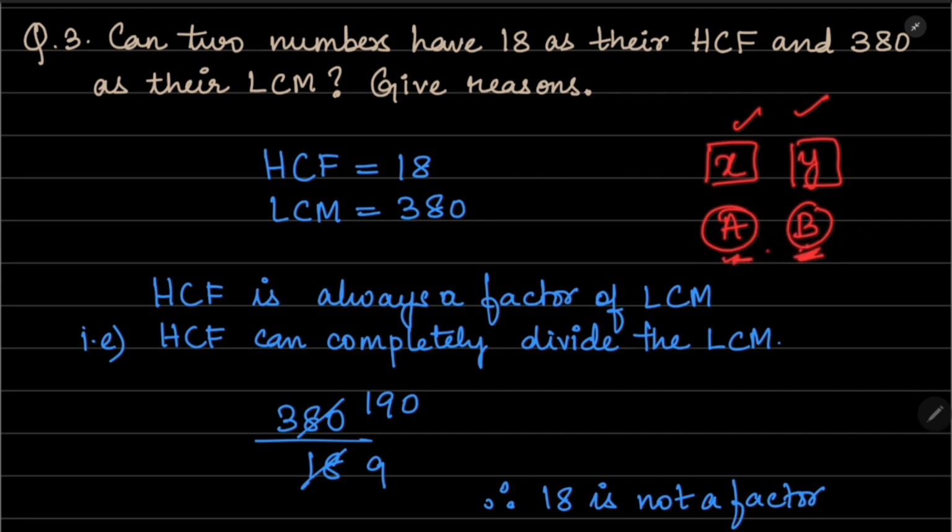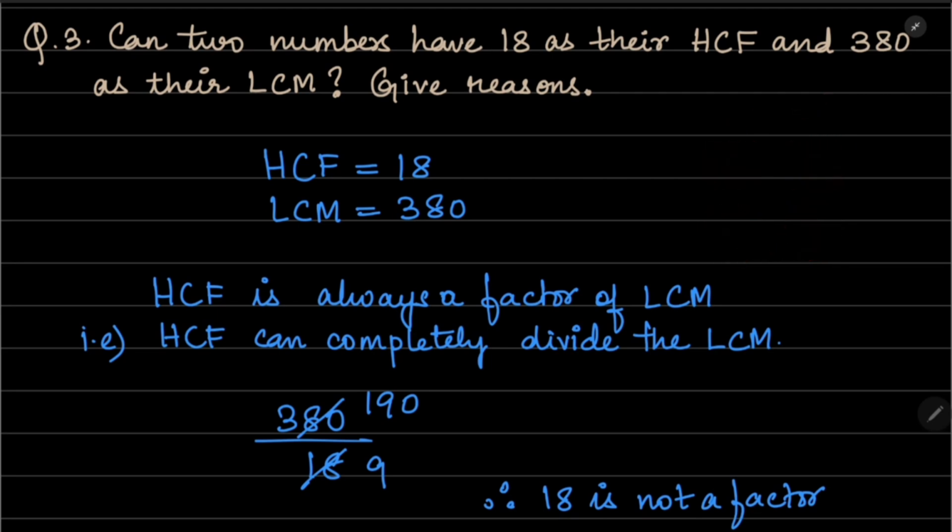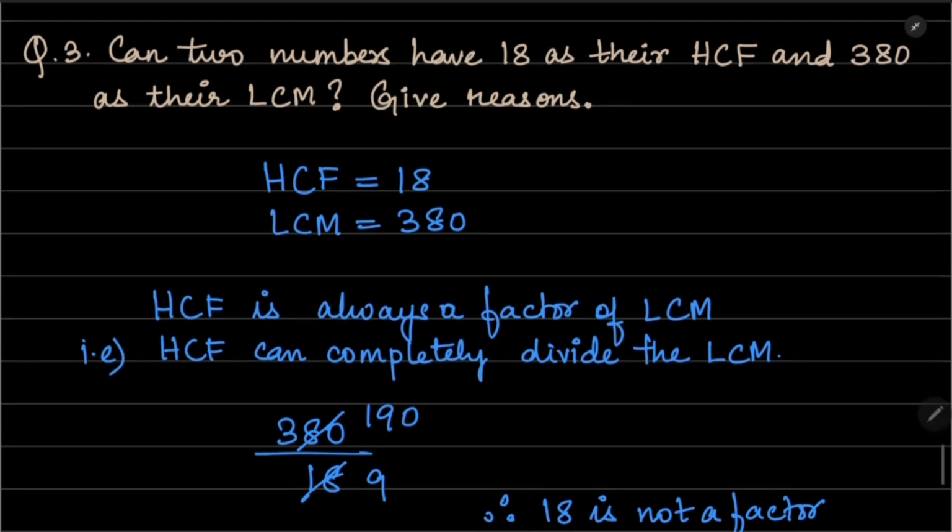So that is how you verify if A and B can be HCF and LCM of any two given numbers X and Y. If HCF cannot divide LCM, unlike in our case, that means there cannot exist two numbers that have the given two values as HCF and LCM. So this is another critical thinking kind of question.